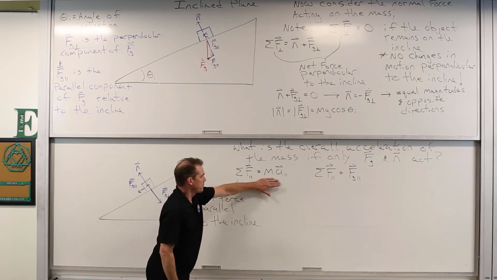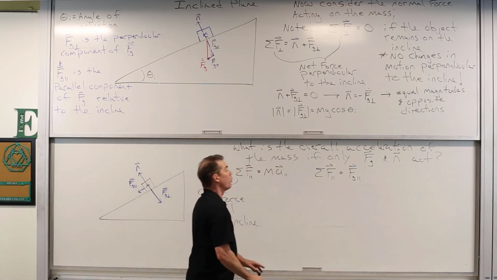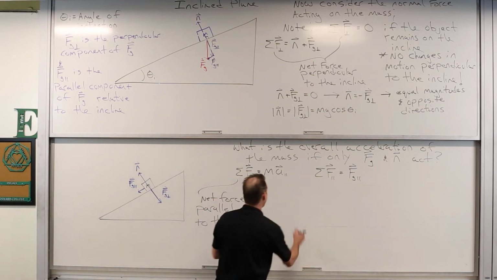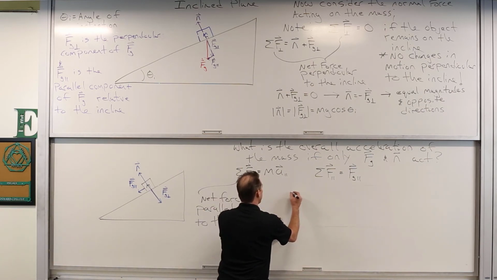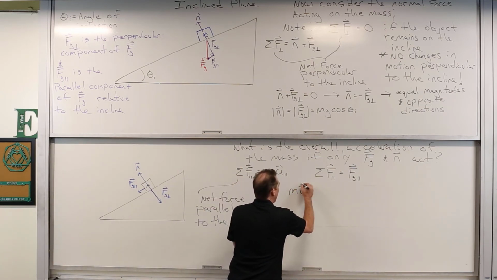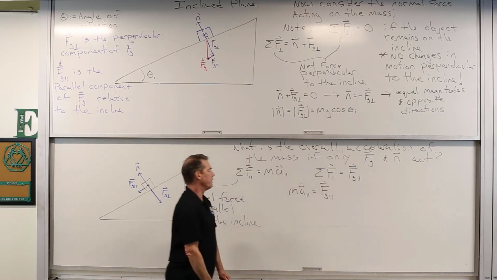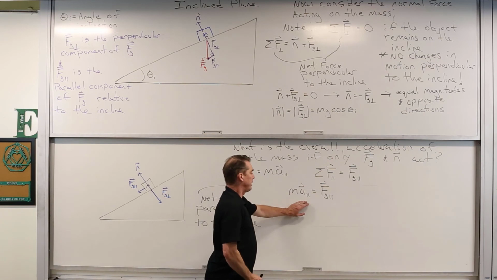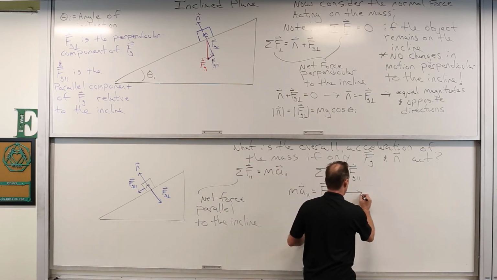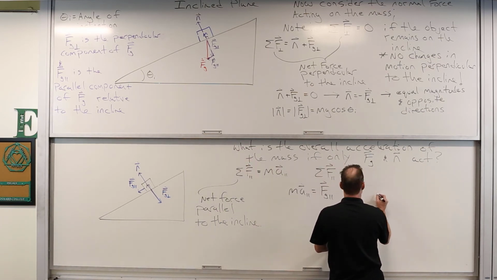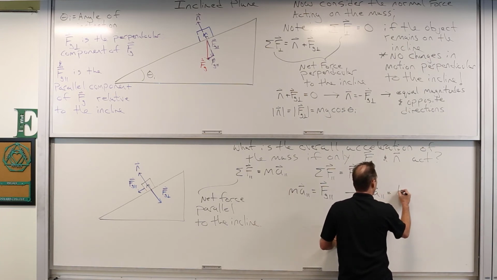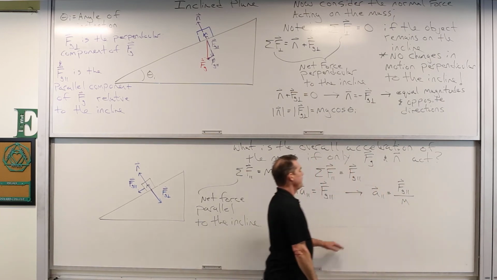So net force is composed of that, and from there, we've got that m a parallel hat is equal to Fg parallel hat, which gives us the ability to solve for a parallel. A parallel hat is equal to F sub g parallel hat divided by m.